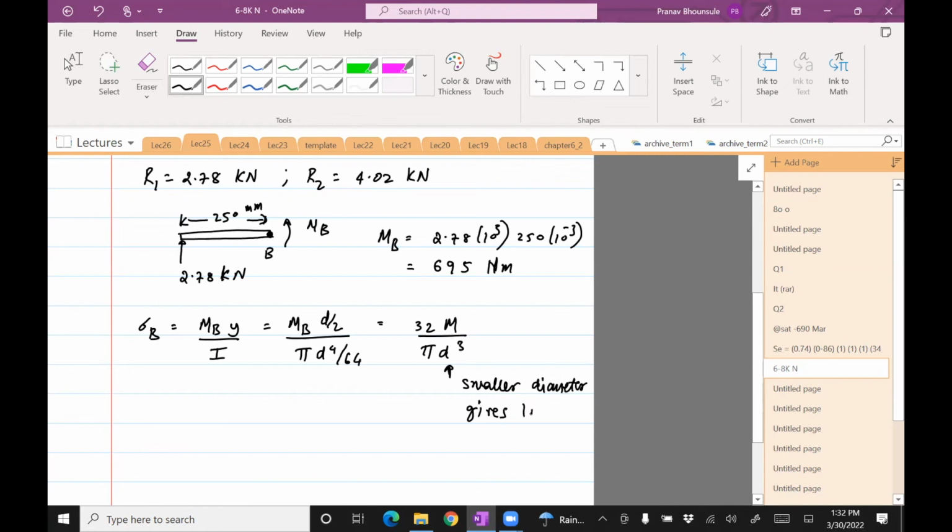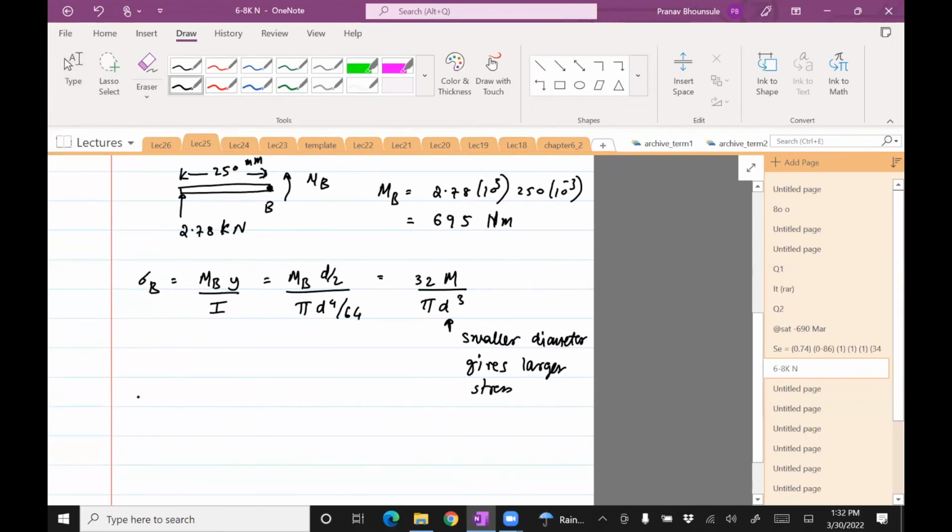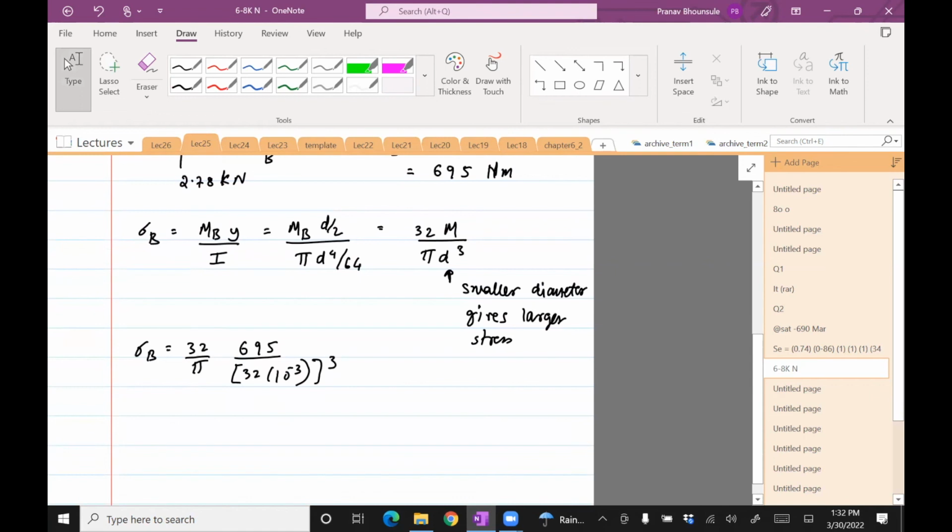This gives sigma b equals 32 by pi times 695, and the diameter is 32 times 10 raised to -3, and I need to take the cube of that. So this will give me sigma b equals 216.